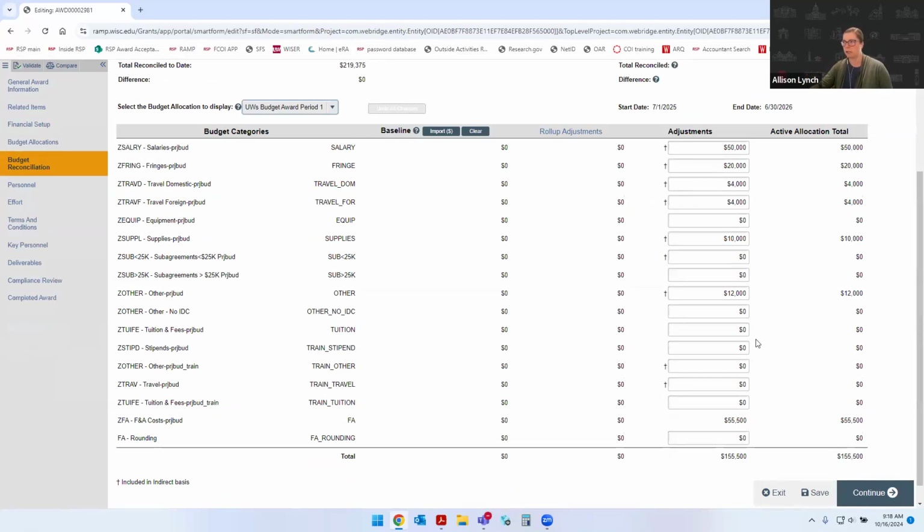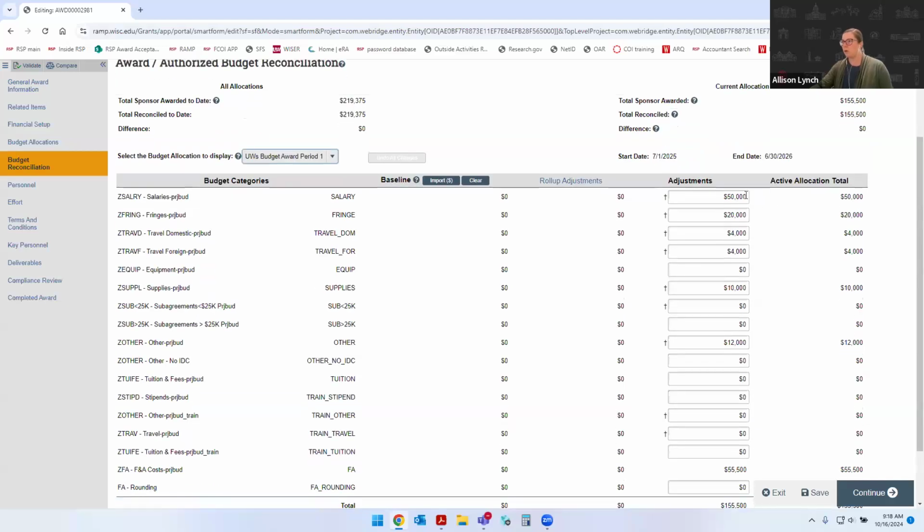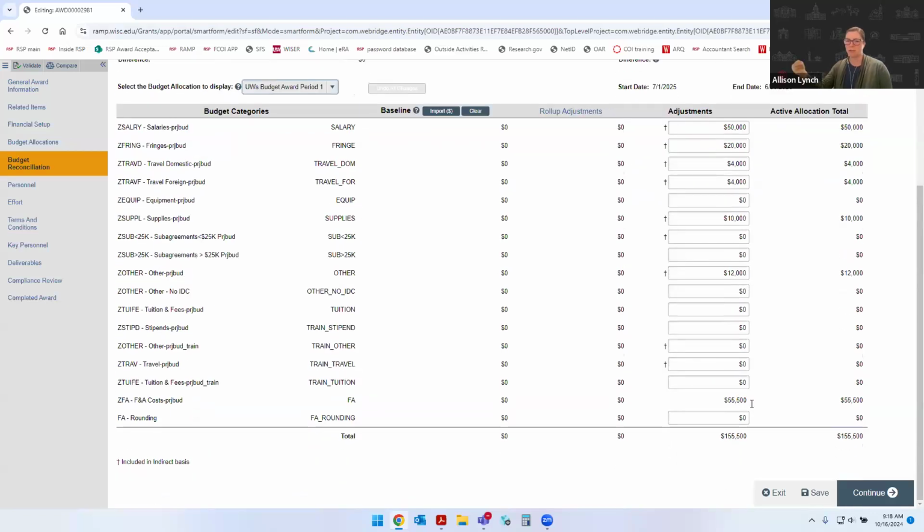So here I just plugged in some demo dollars to total up to $100,000 and in RAMP, because I had entered 55.5% in the F&A rate, it will automatically populate the correct indirect rate here.